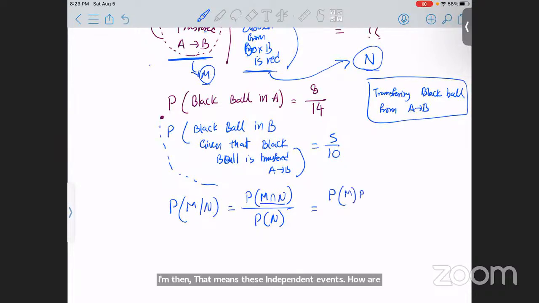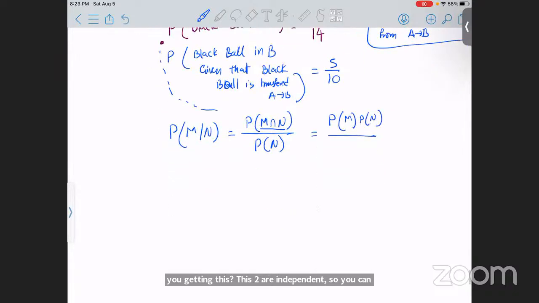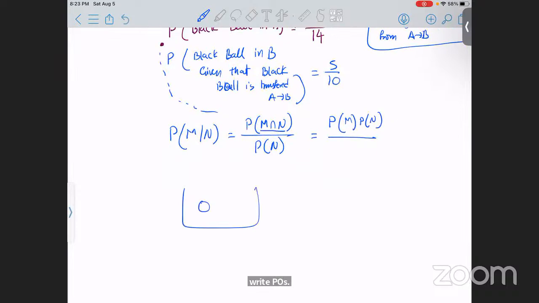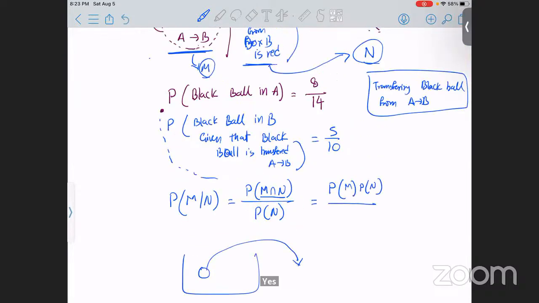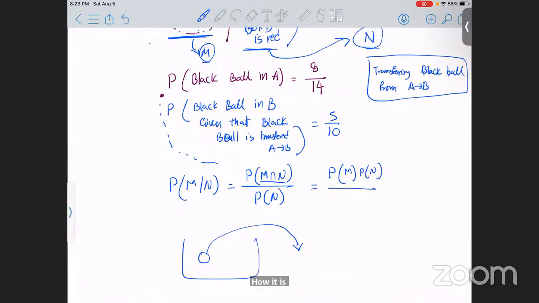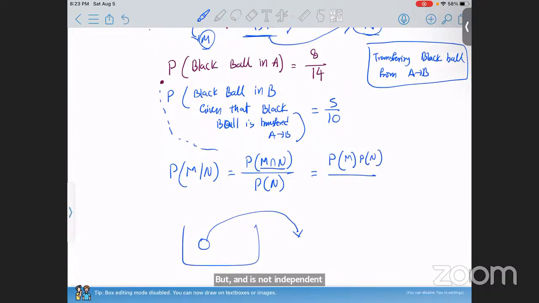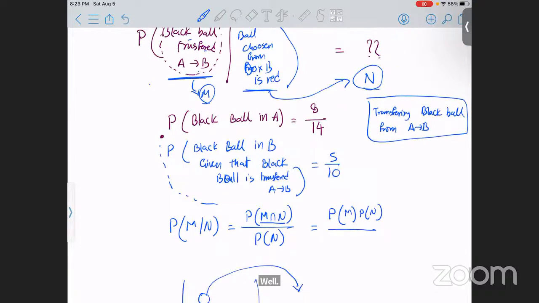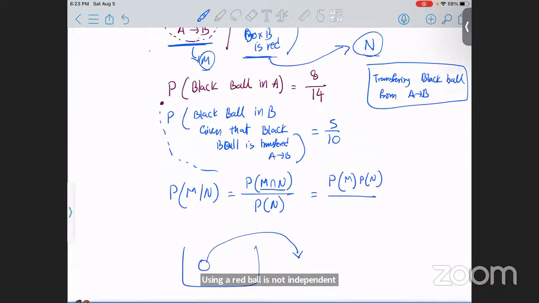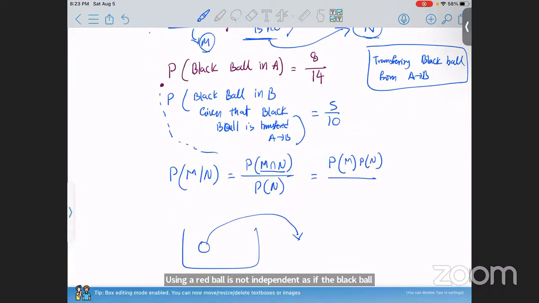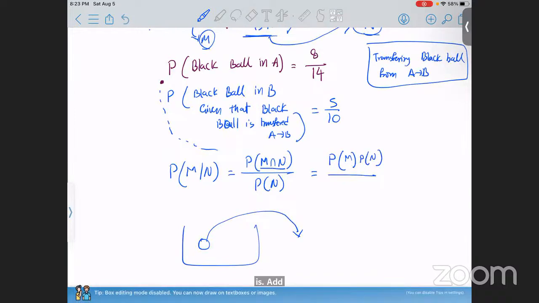So you can write P of M into P of N. Agree? But N is not independent. Choosing a red ball is not independent, as if the black ball is added, then the probability of choosing a red ball will decrease.